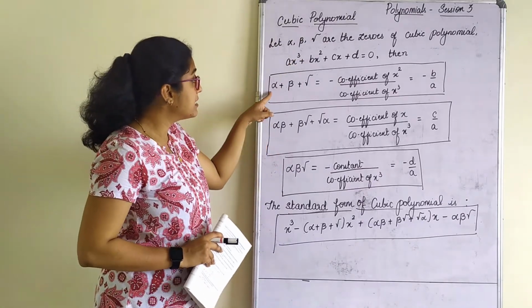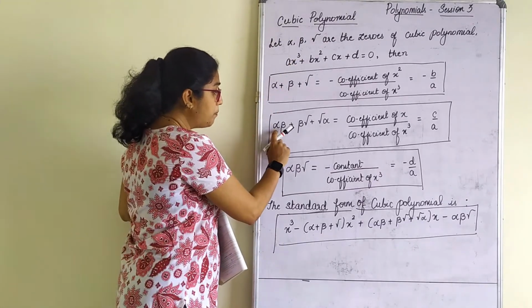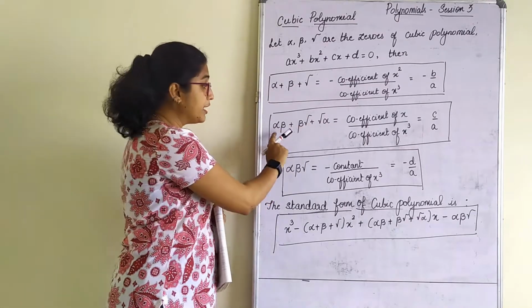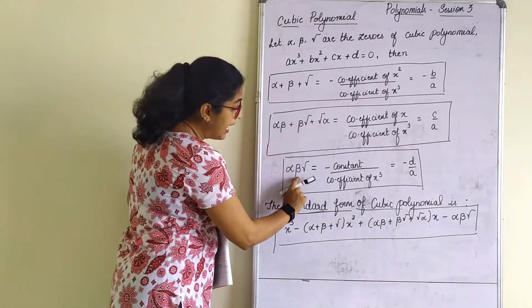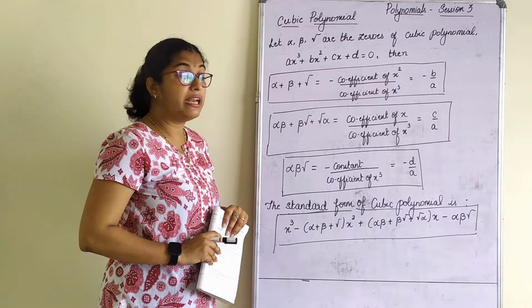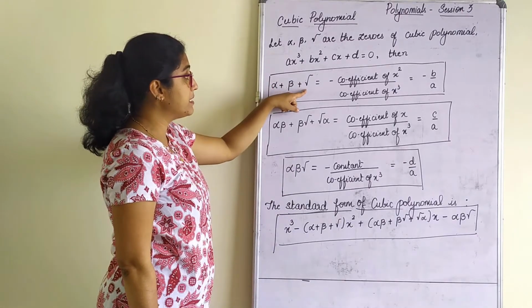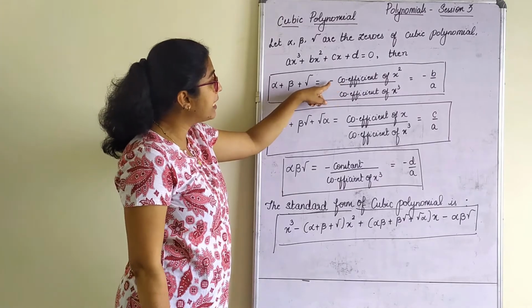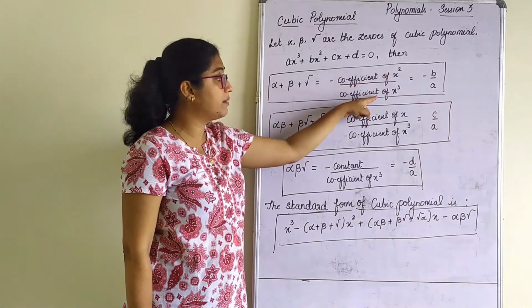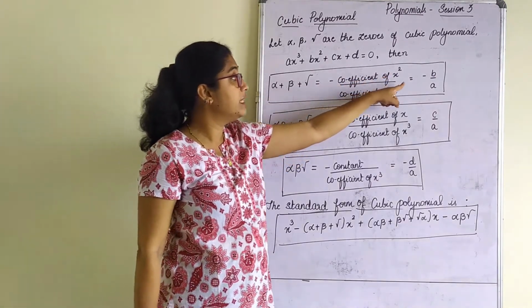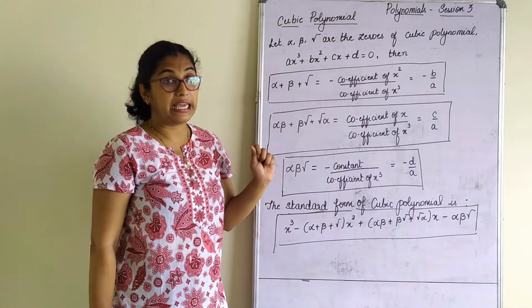That means the sum of the zeros, the sum of the product of the zeros taken two at a time, and the product of the zeros can be written as follows. Sum of the zeros: alpha plus beta plus gamma is equal to minus coefficient of x square upon coefficient of x cube, that is minus b by a.